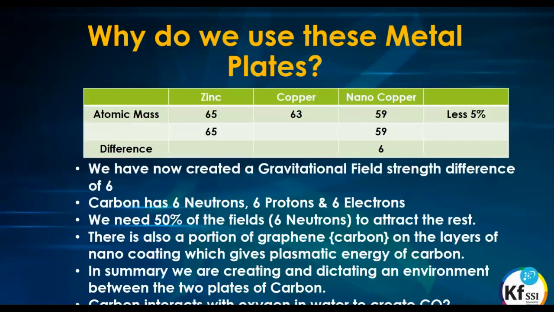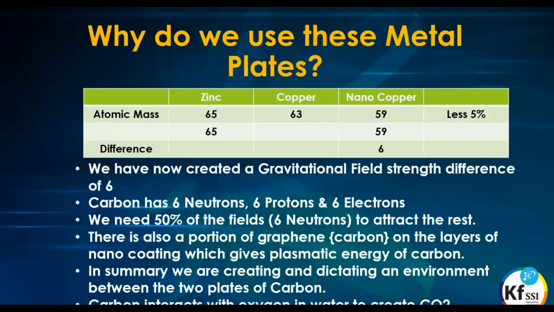Okay, so now we just have to look at understanding why we're using these particular metal plates. When we look at the atomic mass of zinc, it's around 65, and the atomic mass of copper is around 63, as you can see on the periodic table.